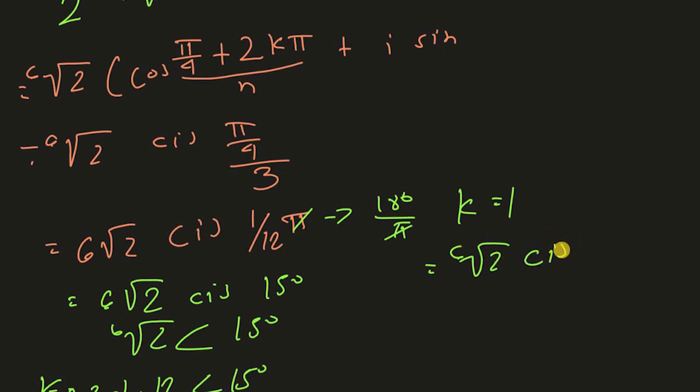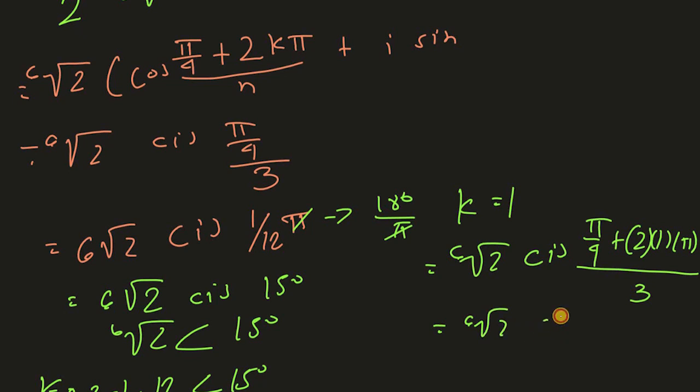I forget to mention, CIS stands for cosine i sine. Yun. So next is pi over 4. Pero ngayon plus 2, and k is 1. So that's 1, and pi over, ito, over n yan. Ang value ng atin n is 3.